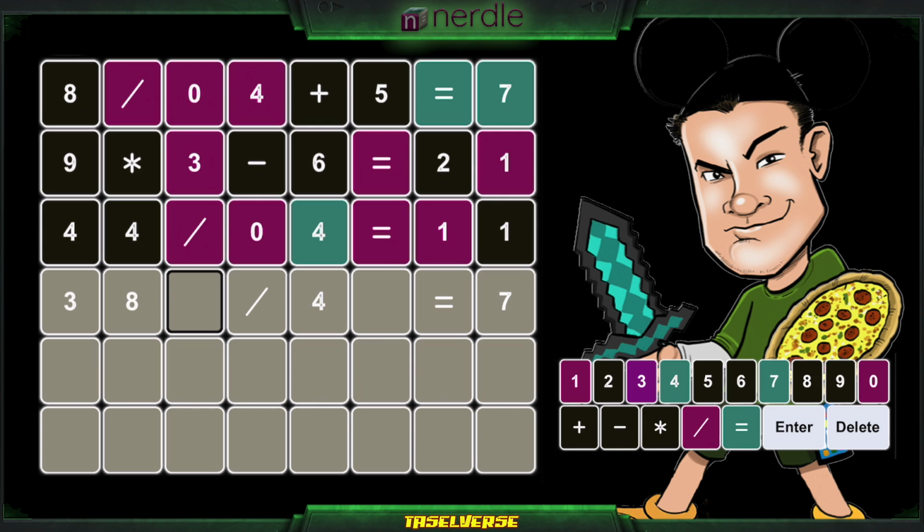Okay, so we know it's a 3, and we know it can't be an 8, so that means it's got to be a 7? Can that be right? That would give us a 2 7s. Okay, so 370 something divided by 40 something has got to equal 7.